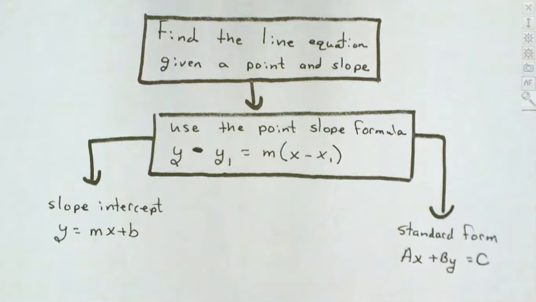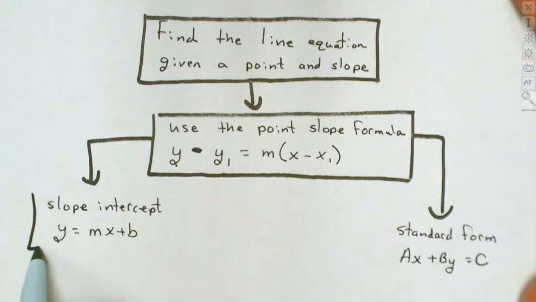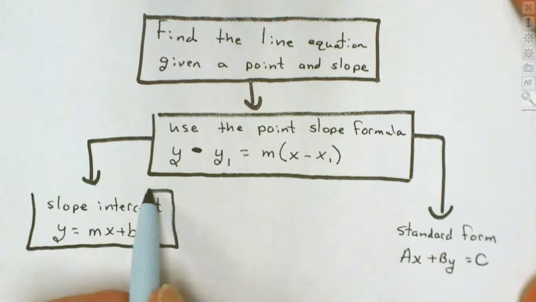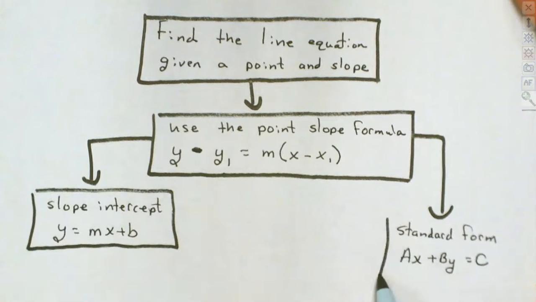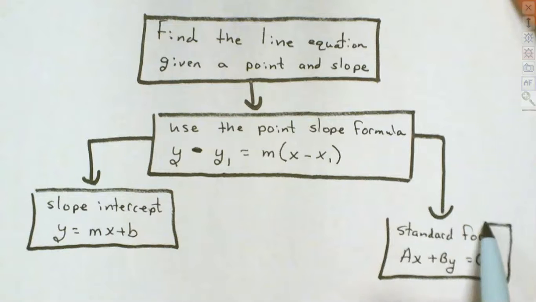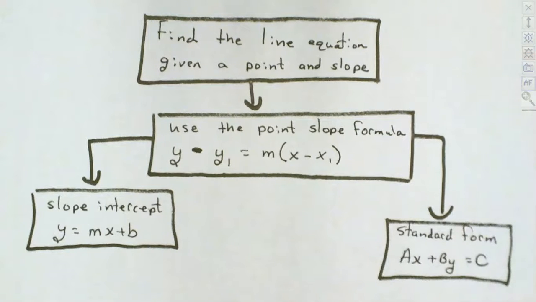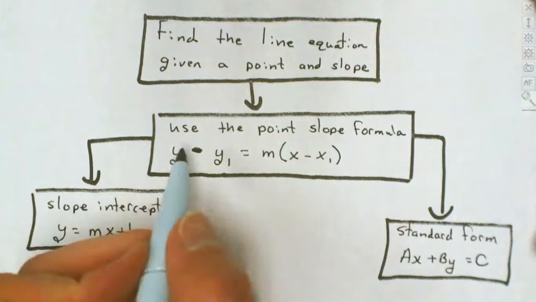So these are our two ways that we can write our answer. So it'll specifically tell you to either write your answer in standard form or write your answer in slope-intercept form, one or the other. So this is our flow chart here that we're going to be using.